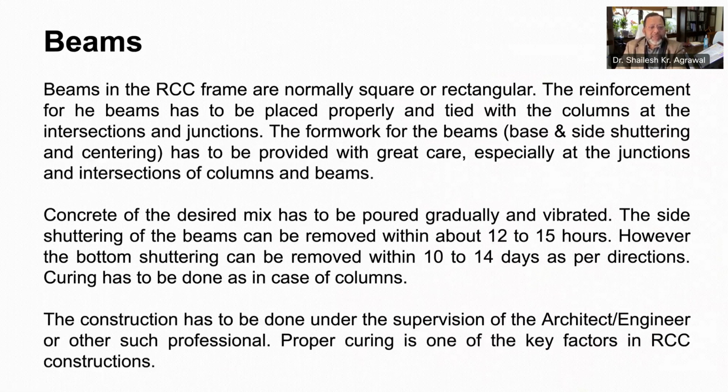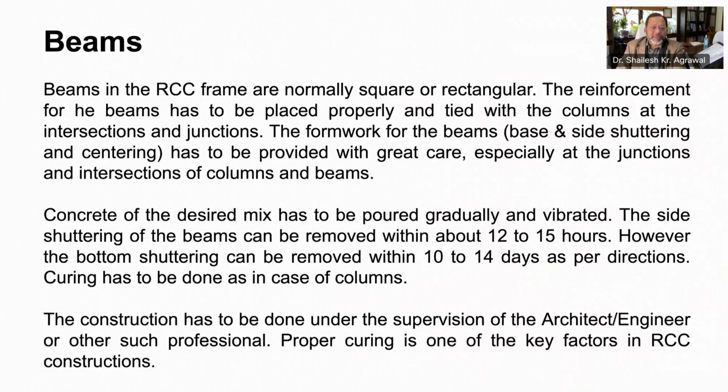Beams are normally square and rectangular in shape, as explained earlier. The reinforcement for beams as well has to be placed properly and tied with columns at the intersections and junctions. The formwork for the beams, that is base and side shuttering and centering, has to be provided with great care, especially at the junctions and intersections of columns and beams.